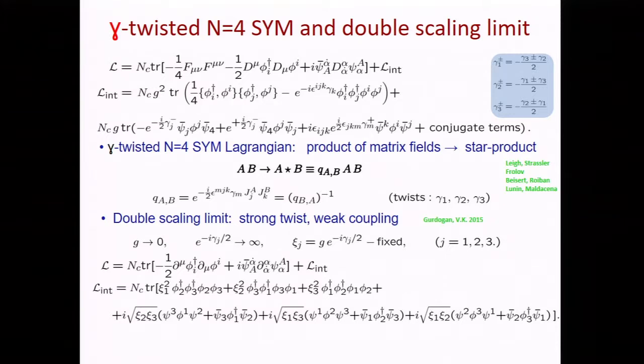So the interaction doesn't contain covariant derivatives now, usual derivatives only, and you have 3 phi-4 scalar interactions of complex scalars, and you have various Yukawa couplings with very specific couplings. You have three arbitrary couplings now. The supersymmetry is also destroyed unless you take all three couplings equal, then N equals 1 is still preserved.